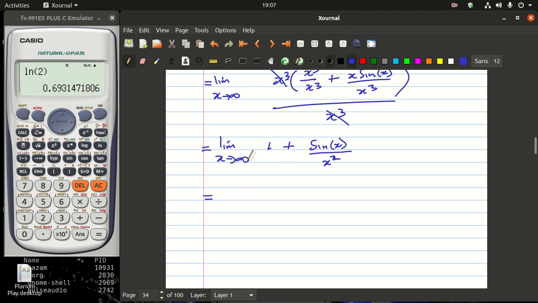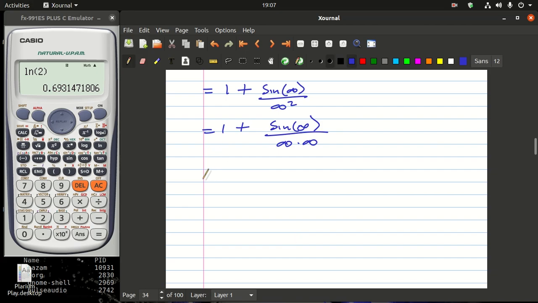If we're plugging in the value of x as infinity, we'll get 1 plus sine of infinity divided by infinity squared. And you know that infinity squared is infinity times infinity, and this is just infinity.